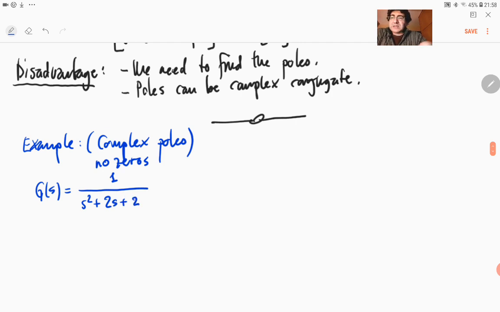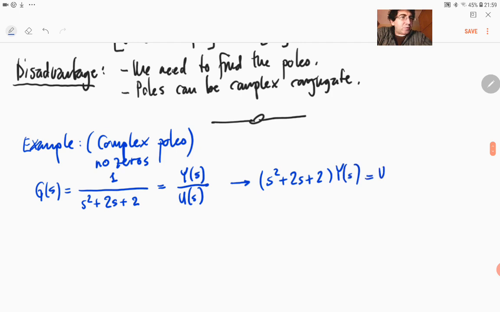In this case, I will not worry about finding out what the poles are, but I will do something else. We know that G(s) is equal to the output divided by the input. If I cross multiply the terms, I will have (s squared plus 2s plus 2) times Y(s) being equal to U(s).